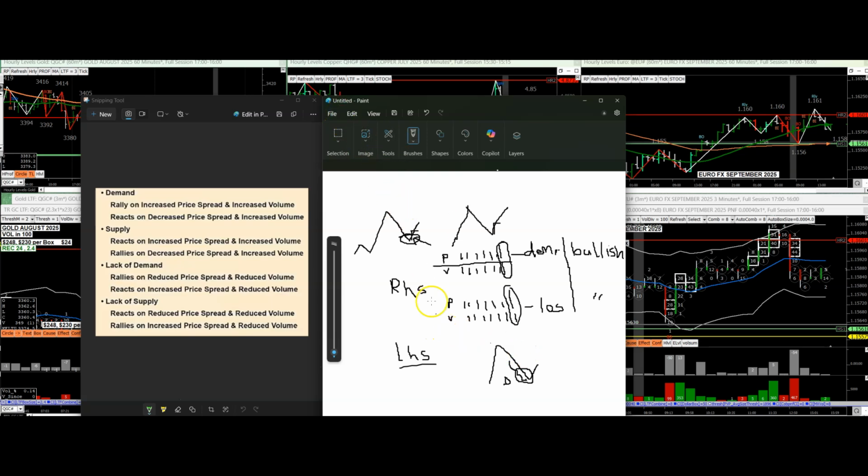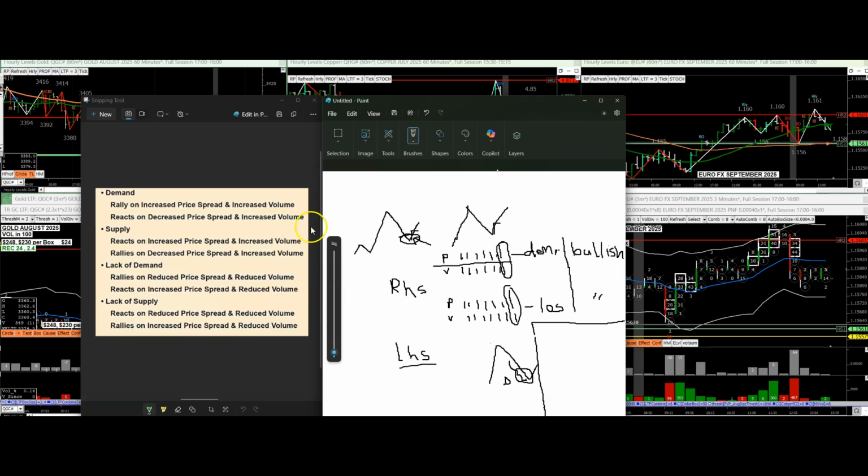Now understand this. It's really important, like for a trader. Anyway, so reacts on decreased price spread and increased volume.